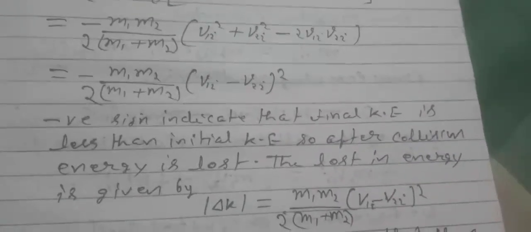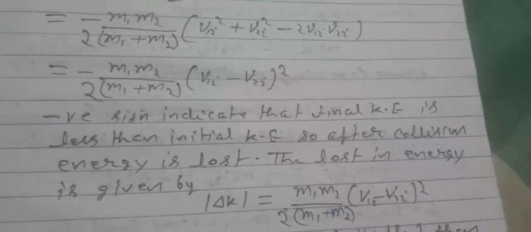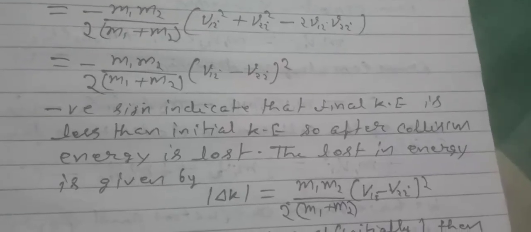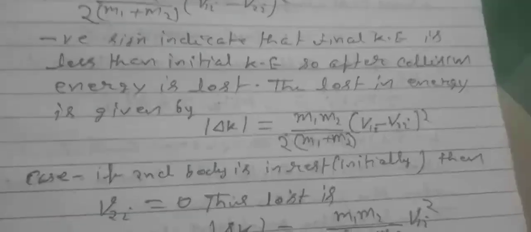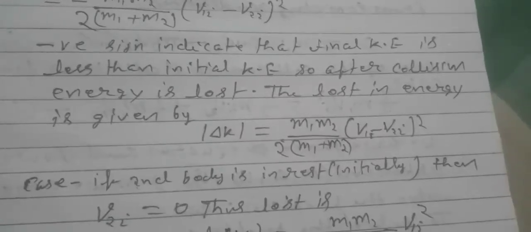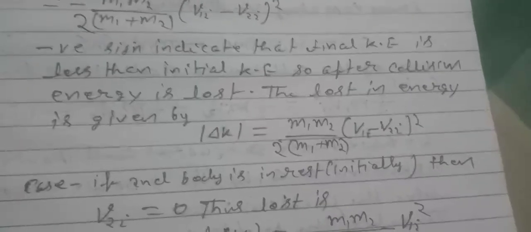The negative sign indicates that the final kinetic energy is less than the initial kinetic energy. So after collision, energy is lost. The loss in energy is given by mod of delta K equals m1 m2 by 2 (m1 plus m2) into (v1I minus v2I) whole square.